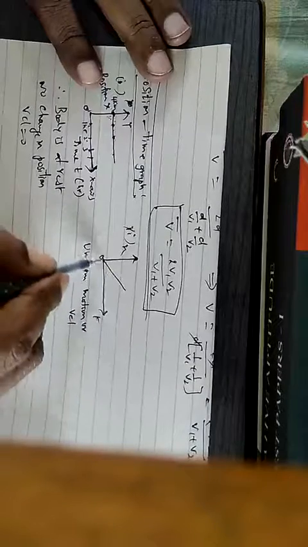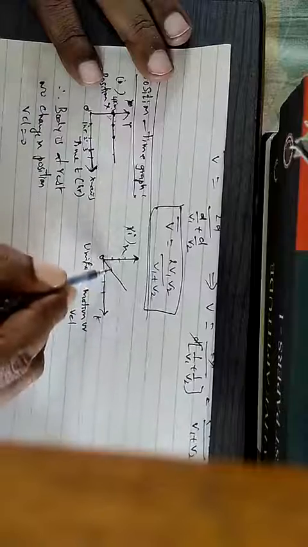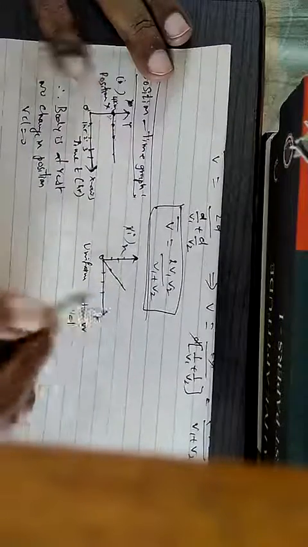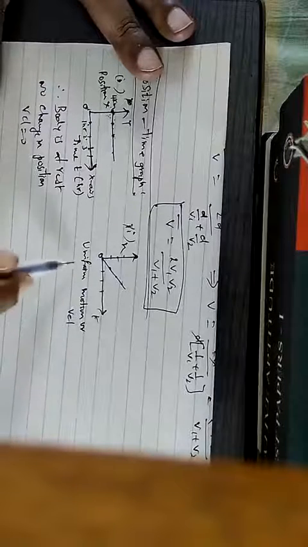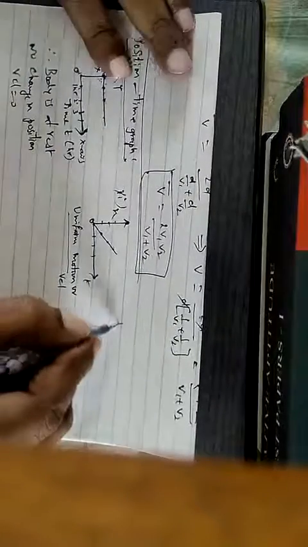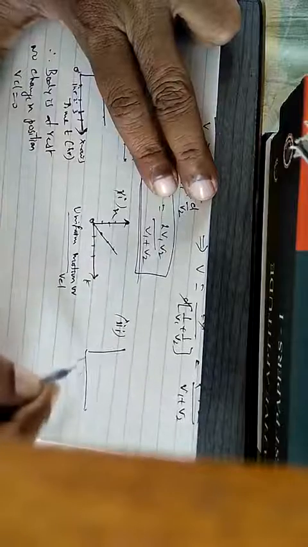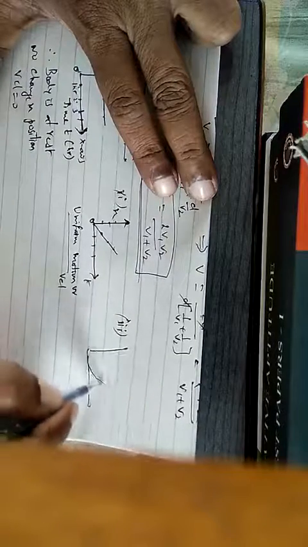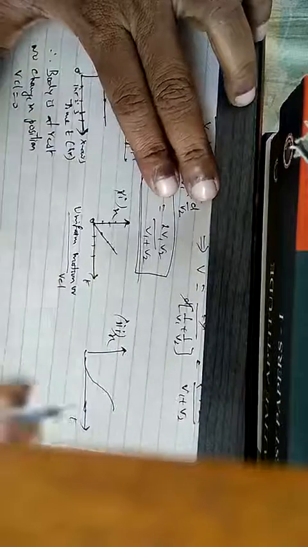Why? Because at regular intervals, position is changing here. So therefore, the body has a uniform velocity or uniform motion. Remember this. What is uniform motion? We will define it now. Third case here. The body is having a graph like this, meaning the position time graph is not constant.